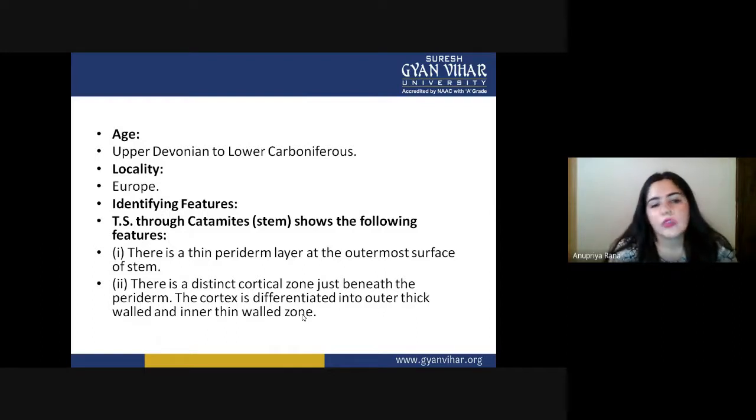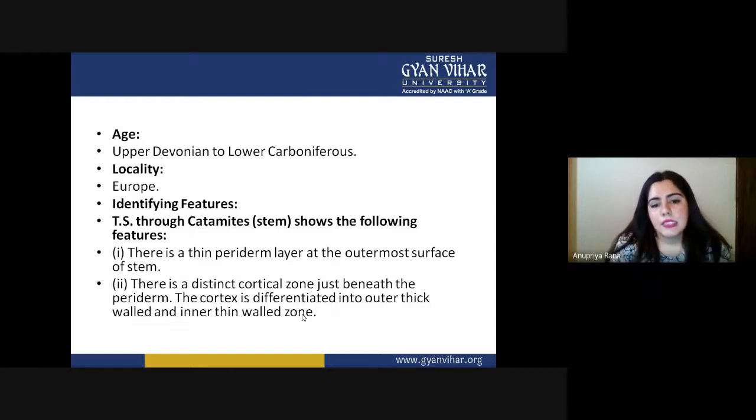Identifying features. Now we are going to see what the TS of Calamites looks like. There is a thin periderm layer at the outermost surface of the stem, and if we are talking about a periderm layer, then surely they also have secondary growth inside them.